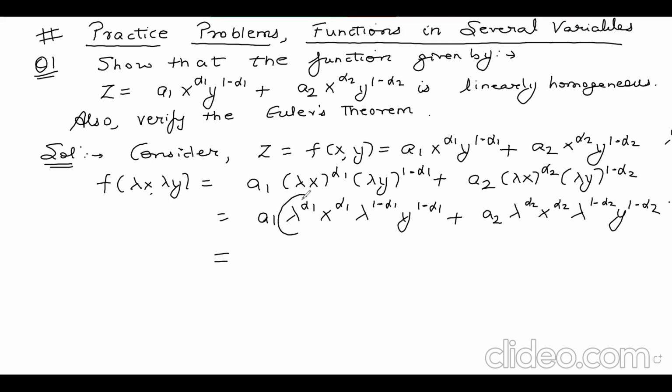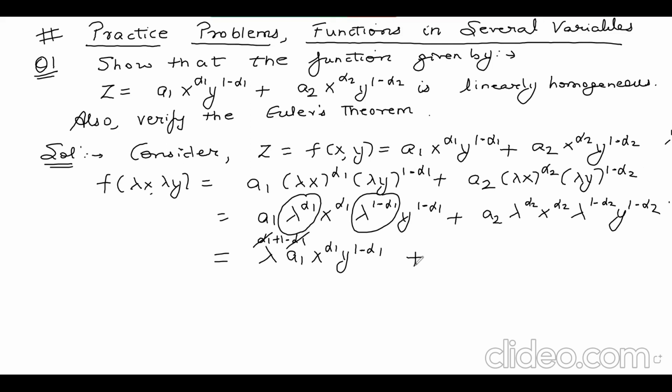Now lambda to the power alpha 1 and lambda to the power 1 minus alpha 1: the base is the same, so I can add up the powers. So it's alpha 1 plus 1 minus alpha 1, which is just 1. So I am left with lambda a1 x to the power alpha 1 y to the power 1 minus alpha 1. Basically, the powers got added up. Alpha 1 and minus alpha 1 cancel, so I just get lambda to the power 1.